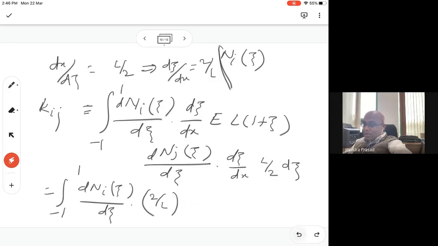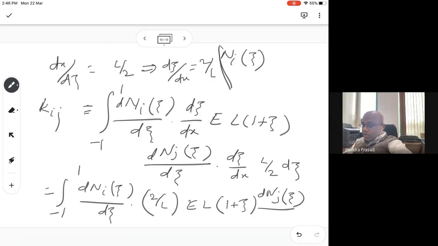So let's write it simply like this, and you will have E, then 1/L, and (1+ξ), and dN_i/dξ, dN_j/dξ dξ. So this is how you can find it. This is the final expression.